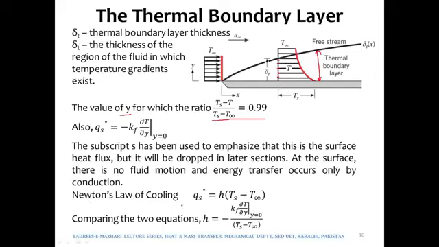We know that Newton's law of cooling is the expression for convection heat transfer, in which Q is given as hA delta T, or if we bring area under the denominator of Q, that becomes the heat flux, and then the right hand side is written without area.